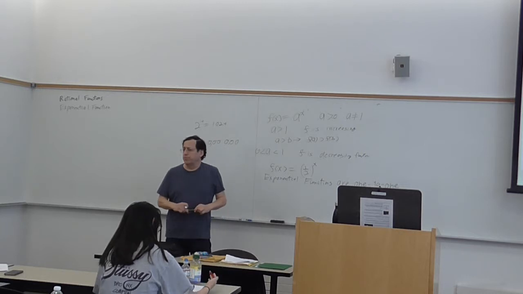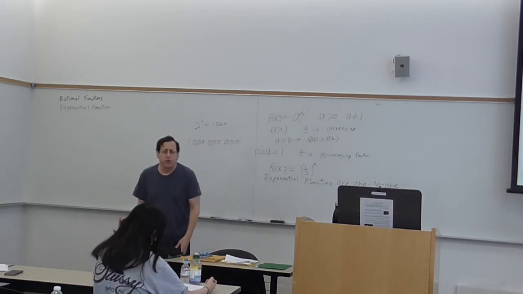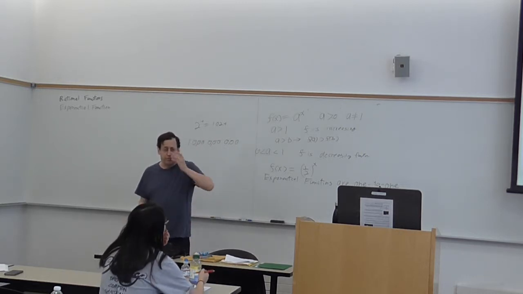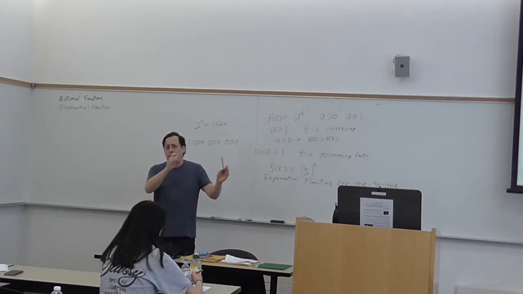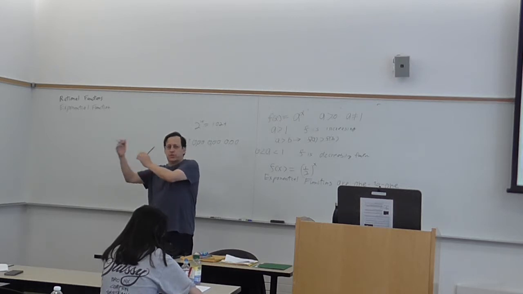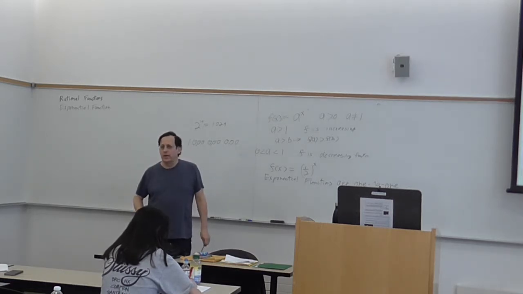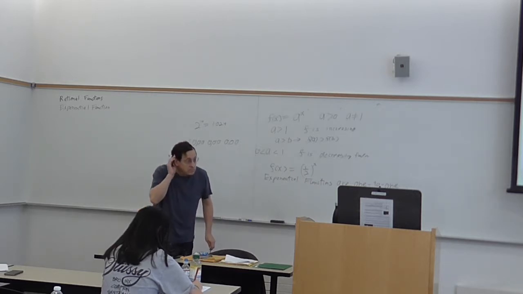Something else about 1-to-1 functions that's going to be really important on Friday. If you have a 1-to-1 function, you have a blank function. You know what blank is? Exponential?